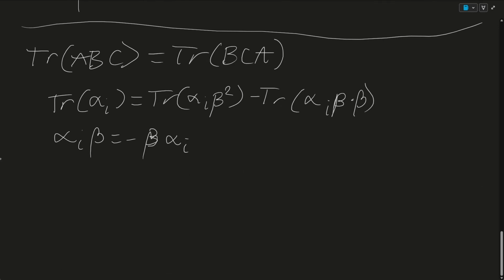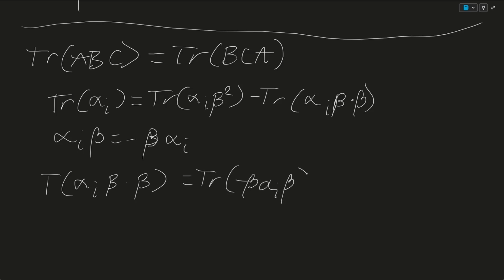So now we can say that the trace of alpha sub I beta times beta is equal to the trace of minus beta alpha sub I beta, which is equal to minus the trace of alpha sub I beta beta, because we can take the minus outside.